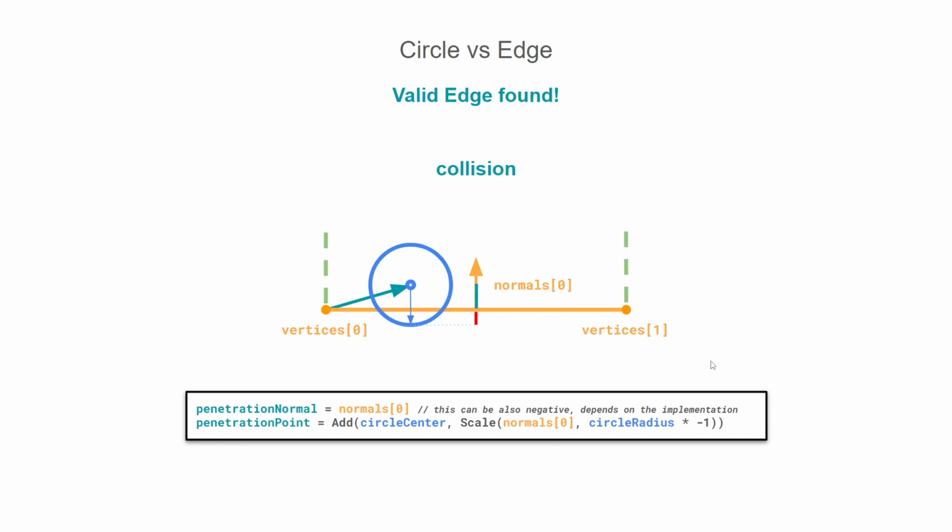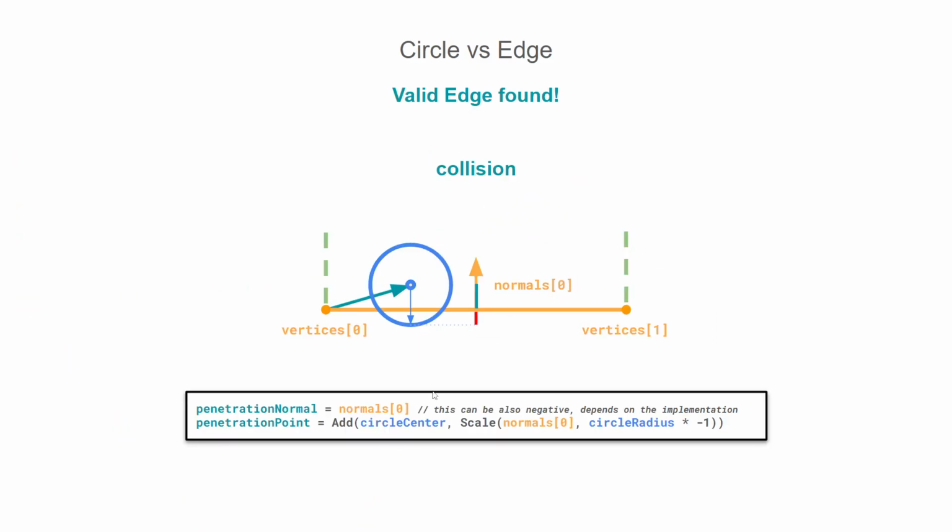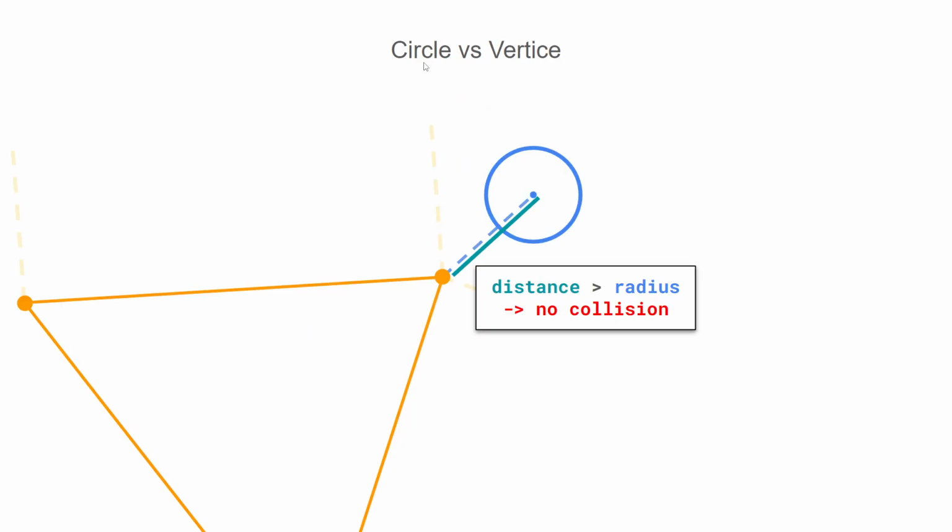All right. Yeah, and then we have the circle versus vertex. That's everything we need. We don't need anything more. Yeah, and then we can jump to our circle versus vertex case. This is really, really simple. I think it's even simpler than the circle versus circle collision detection, because here we just need one radius and 2 points. The points are the corner of a polygon and the circle center.